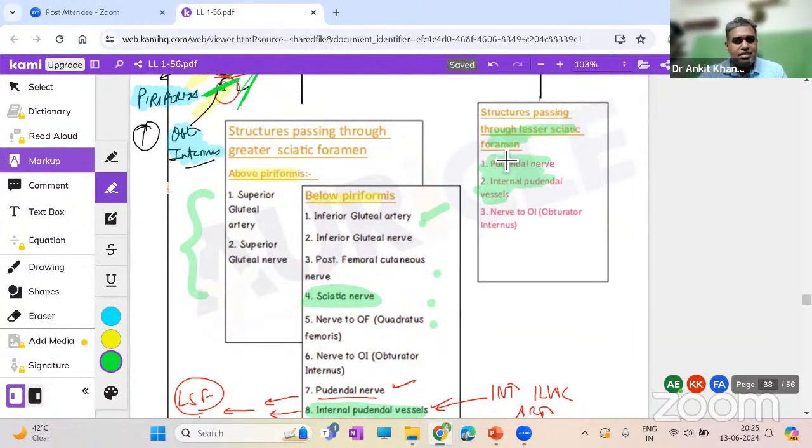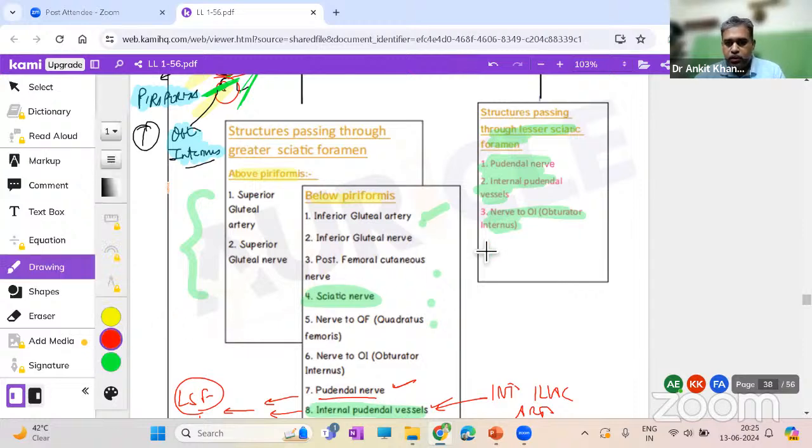Through the lesser sciatic foramen you have these two structures, and then the obturator internus tendon and its nerve supply, because the tendon was the bulk of the lesser sciatic foramen. As I already told you, in the lesser sciatic foramen we had the tendon of obturator internus, so the nerve supplying it should be there, and there it is.